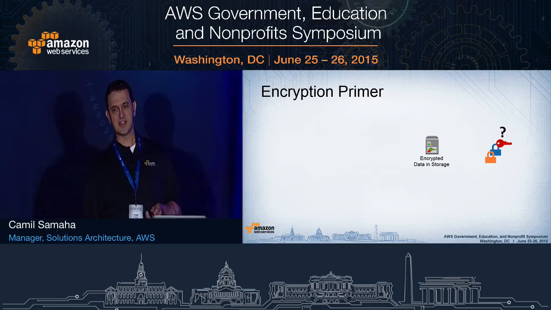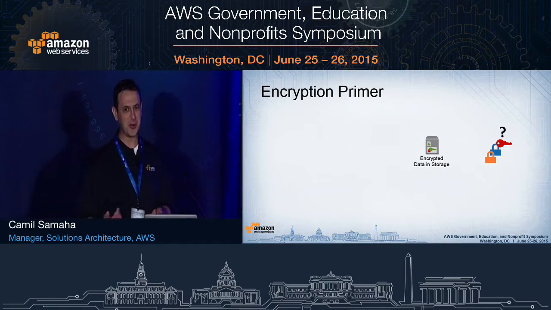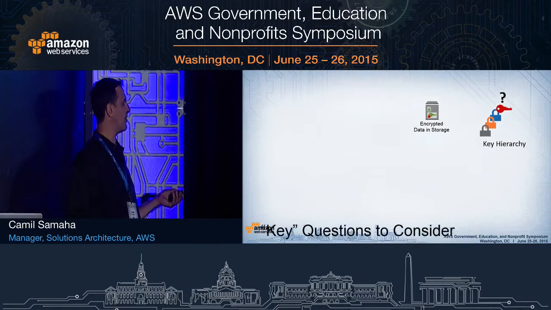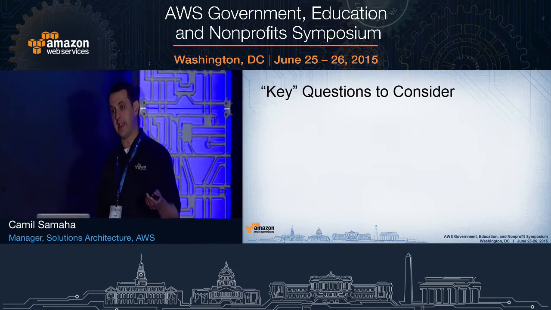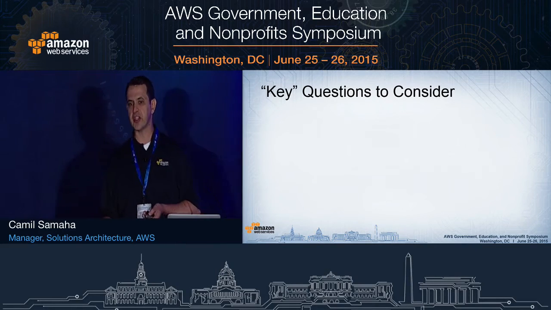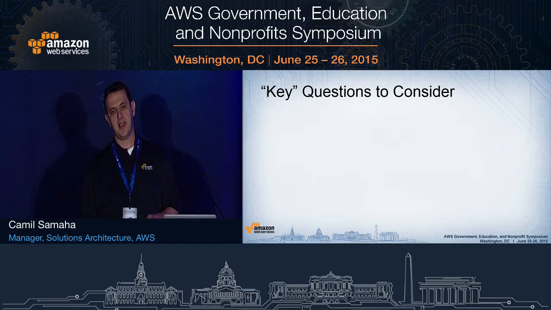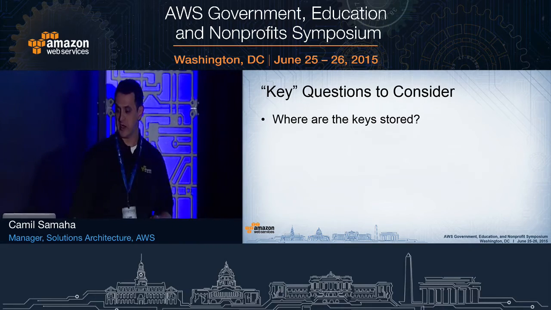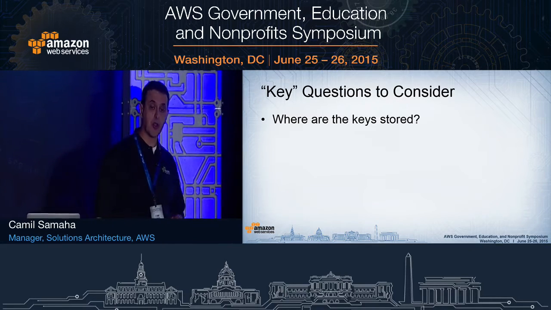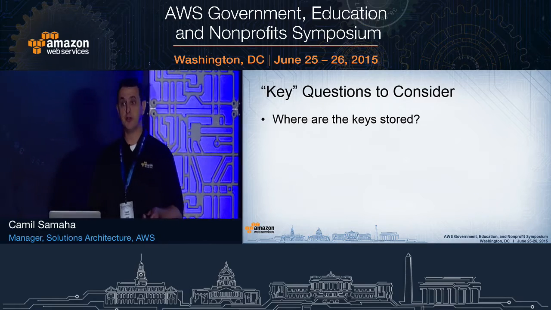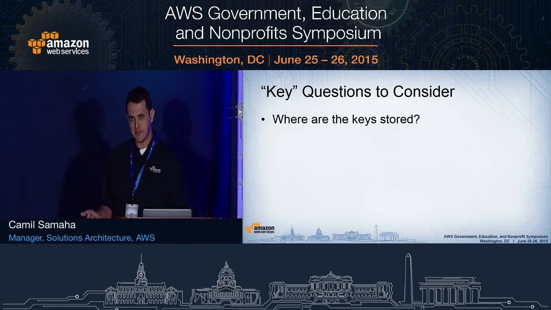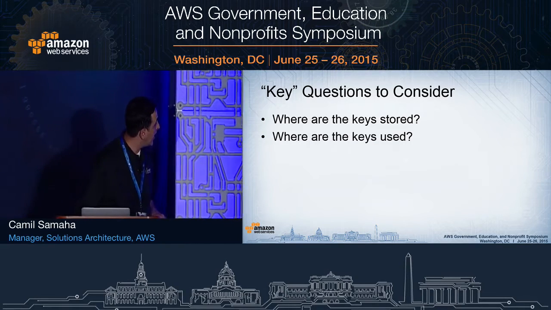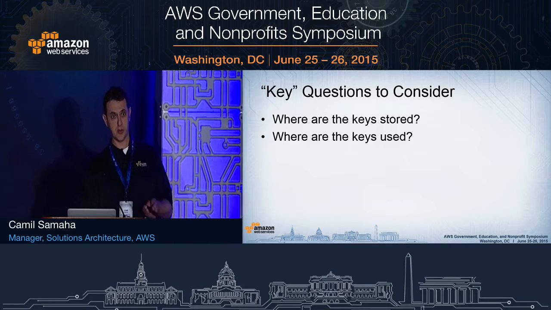So there are key considerations that you want to take into account, no pun intended there, when you're talking about your key hierarchy and developing a strategy for encryption and key management, whether it's in the cloud or on-prem. Where are those keys stored? Do you store them on-prem? Do you store them on AWS? And where are those keys used?